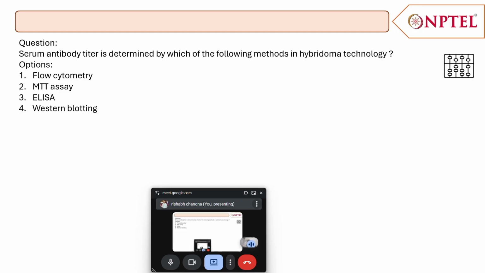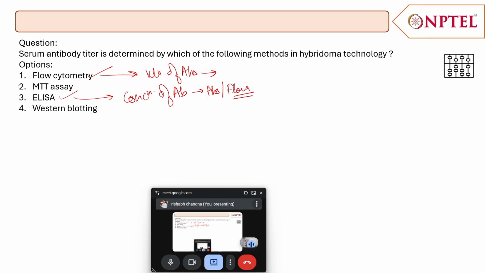Serum antibody titer is determined by which of the following methods in the hybridoma technology? So it is flow cytometry and ELISA. Okay, so the flow cytometry will detect the number of antibodies that are produced. In ELISA, the concentration of the antibodies will be detected based on the absorbance or fluorescence.